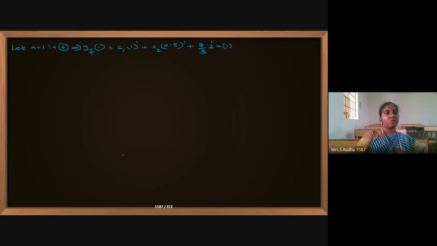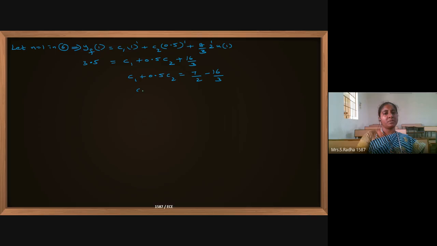So now on the left side I have to substitute 3.5, because we calculated that using the initial conditions at 0. Now this is C1 plus 0.5 C2 plus 8 by 3 times 2 power 1 times u of 1. This u of 1 value is 1 and this becomes 16 by 3. Further, C1 plus 0.5 C2 is 3.5, which I can write as 7 by 2, minus 16 by 3.